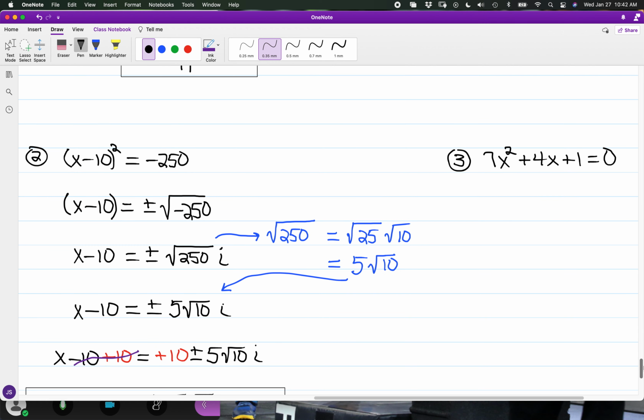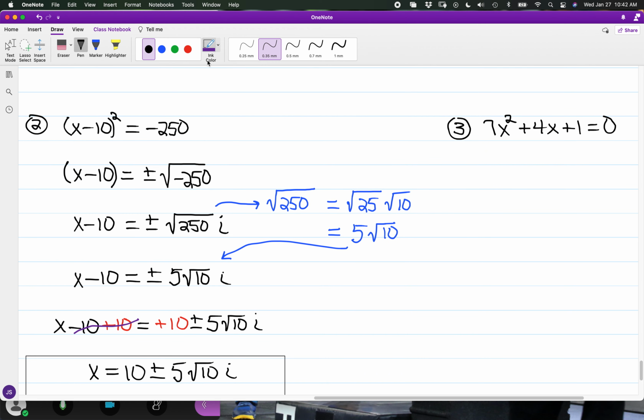So I'm looking at, once again, the reapplication of the quadratic formula. I have a at 7, b at 4, and c equal to 1.